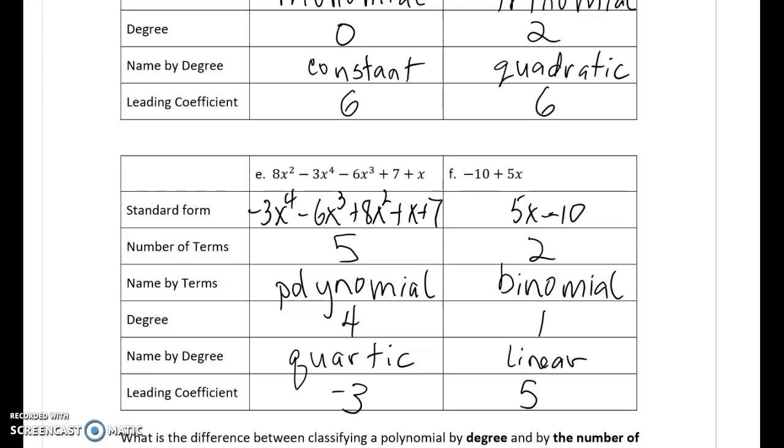Because this is a 4th degree polynomial for part E, remember that's quartic. And the leading coefficient is always the number in the lead term.